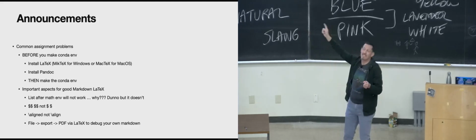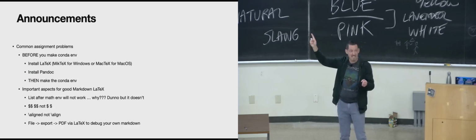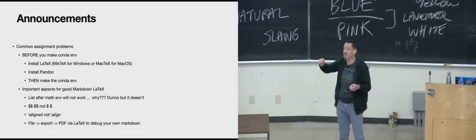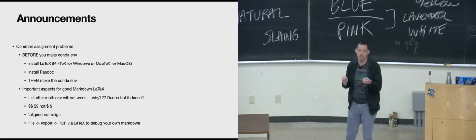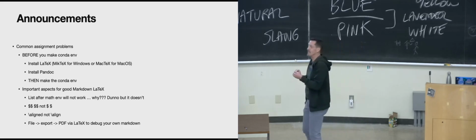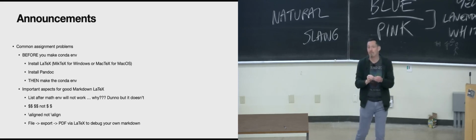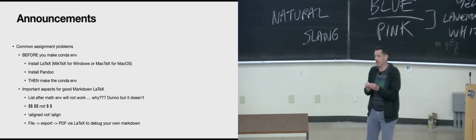And if you did the Conda environment right, and you have the exact same setup that we do on Gradescope with a MikTeX installation and a Pandoc installation and all that stuff, then this is going to be exactly what generates. So you can generate PDF for yourself and see what went wrong if you used bad LaTeX commands.